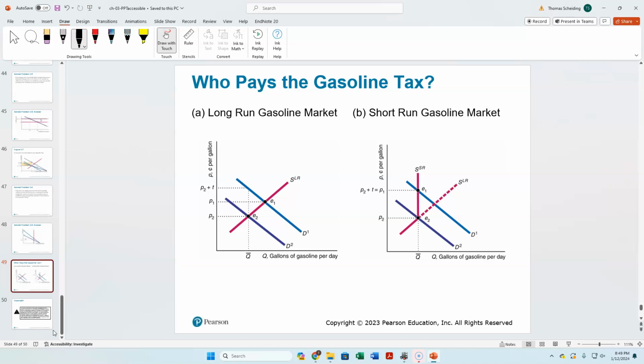And it can change it where the supply is elastic, as it is in the long run, to making the supply completely inelastic in the short run here, which is going to change who pays the tax. As it becomes more inelastic, then what we would see is that the distribution of the tax between producers and consumers would change as well.